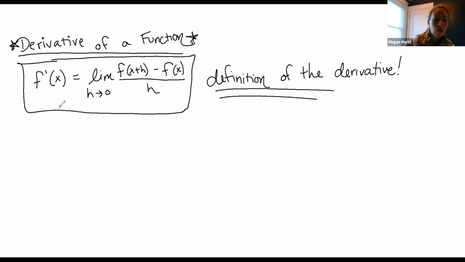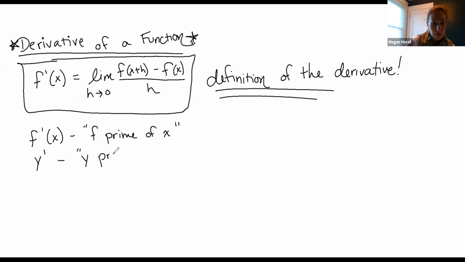This notation right here represents the first derivative, and we call it f prime of x, but it just means that I'm taking the first derivative. We could also write this as y prime, that's pronounced y prime. That's also a way to represent the first derivative. Another way is dy dx, and we also say the derivative of y with respect to x.